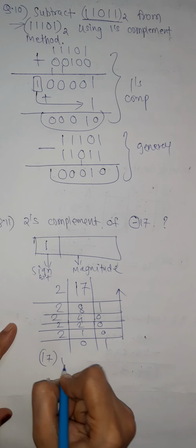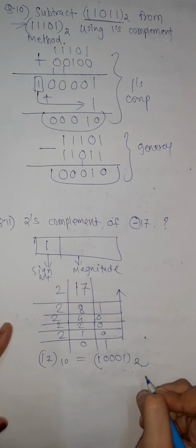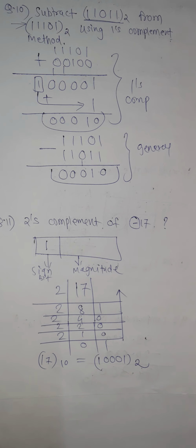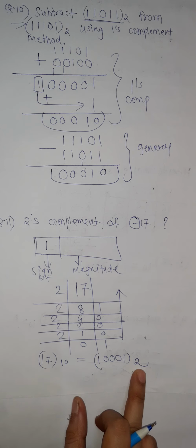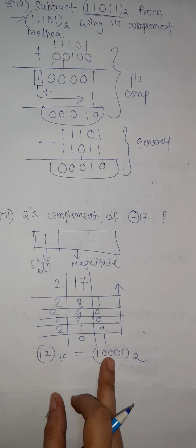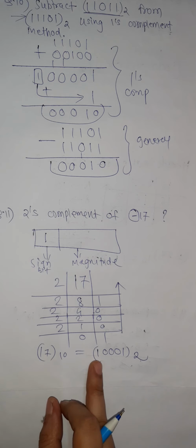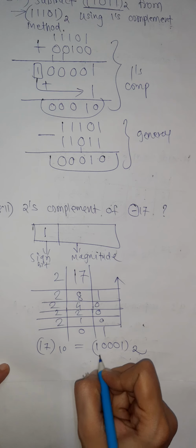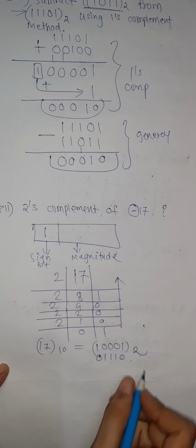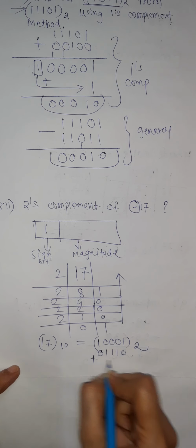So 17 in decimal can be represented as 10001 in binary. And now we have to represent it in 2's complement form. So first of all, we will find the 1's complement of this. The 1's complement of this will be 01110, and 2's complement means add 1 to the 1's complement.